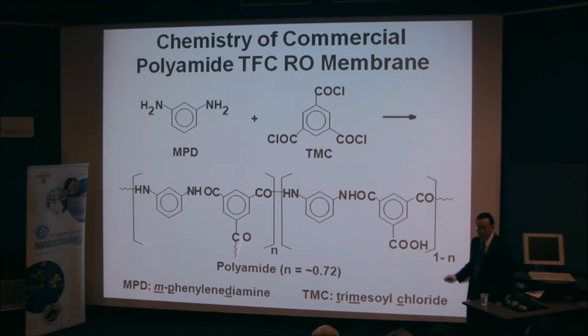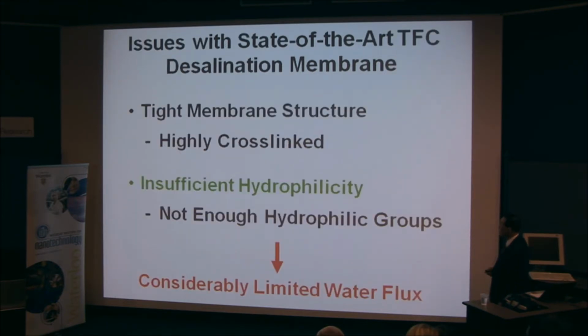There's about 72% of this cross-linking linkage, and the third group is not reacted, then it hydrolyzes and becomes a carboxylic acid group.